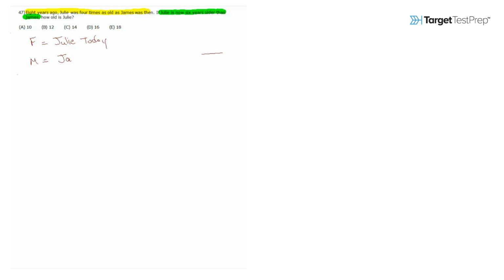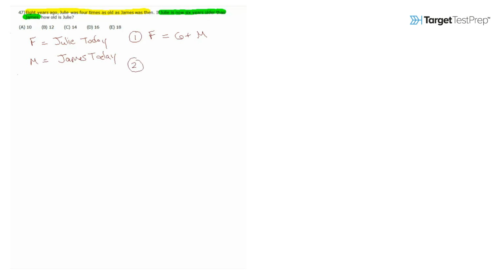But for the variables, instead of using two J variables and J with a subscript, which I don't really like, we're going to say F for the female, that's Julie, it's today's age. M is James, he's the male, and that's today's age. So the first equation is F is 6 plus M. That's because Julie is older by 6 years. We're adding to, of course, the lesser age, which is James.